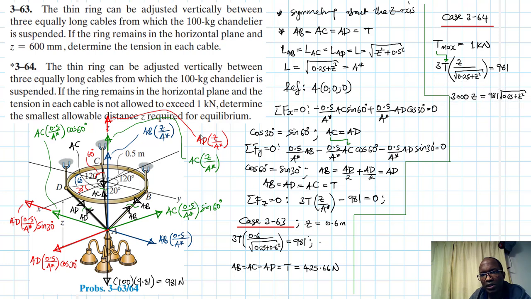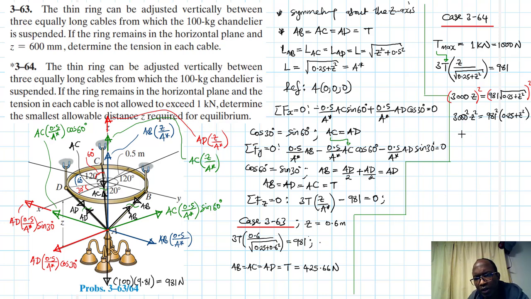We've converted this into newtons, that's the reason it's 3,000. So this is equal to 1,000 newtons, because 981 is in newtons. We are going to square both sides so that we get rid of the square root. So this becomes 3,000 squared Z squared equal to 981 squared times 0.25 plus Z squared, like so.